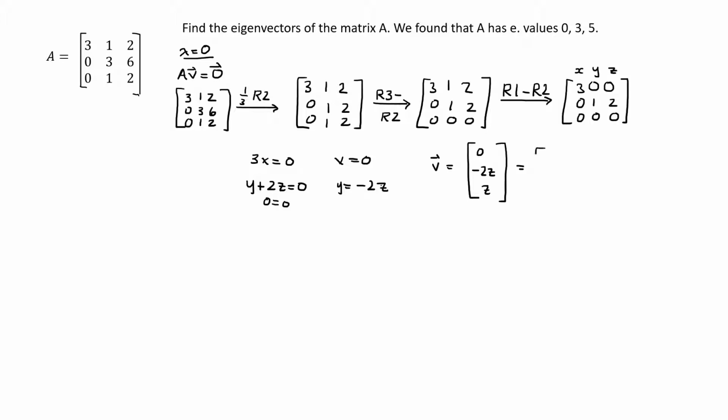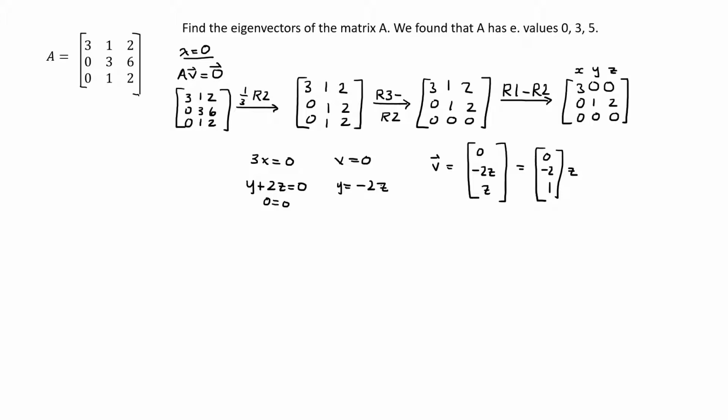I can factor out a z if I like. I get 0, -2, 1 times z. Okay, so every eigenvector corresponding to lambda equals 0 has this form. If I just want one eigenvector from this set, I can choose z to be anything and choose that vector.